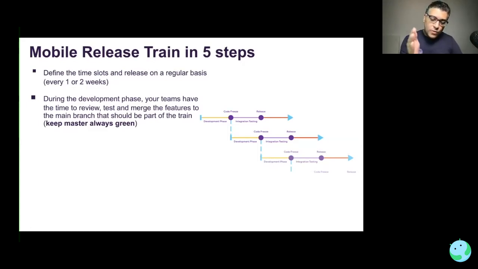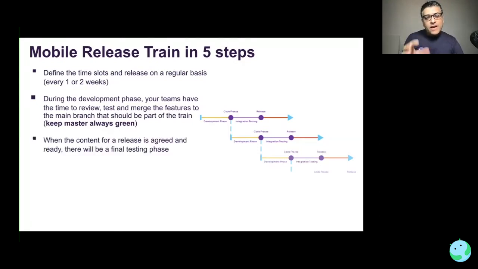Once we have a code freeze, it will not be allowed to merge or add anything else. This always drives us to keep the main branch always green. So we will not commit anything until it's tested, code reviewed, and anything else we agreed in our process.